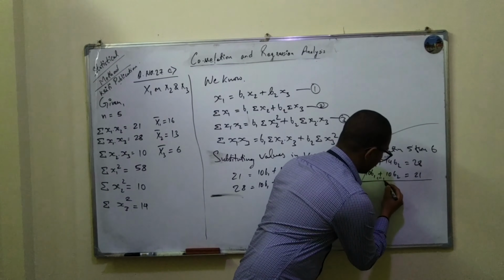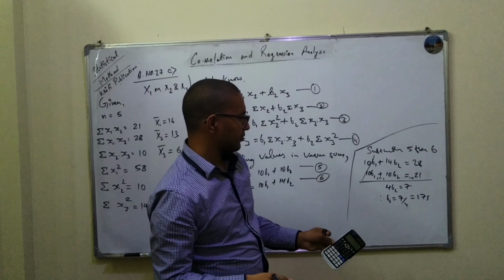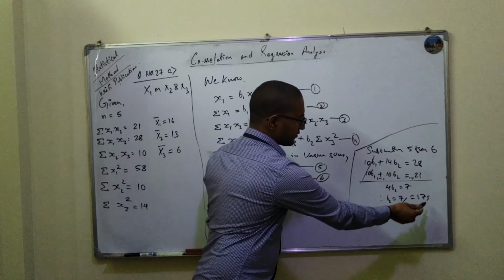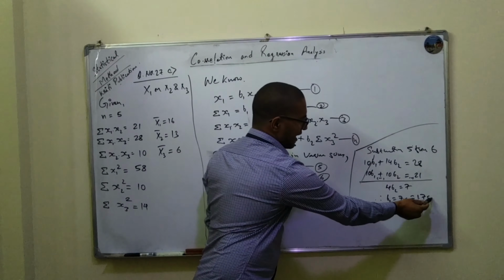I guess, let's not make the mistake of being confident. 1.75, right? So what we'll do is put these values in any equation, any b1, b2, whichever you would like. I'll just put it in 5.